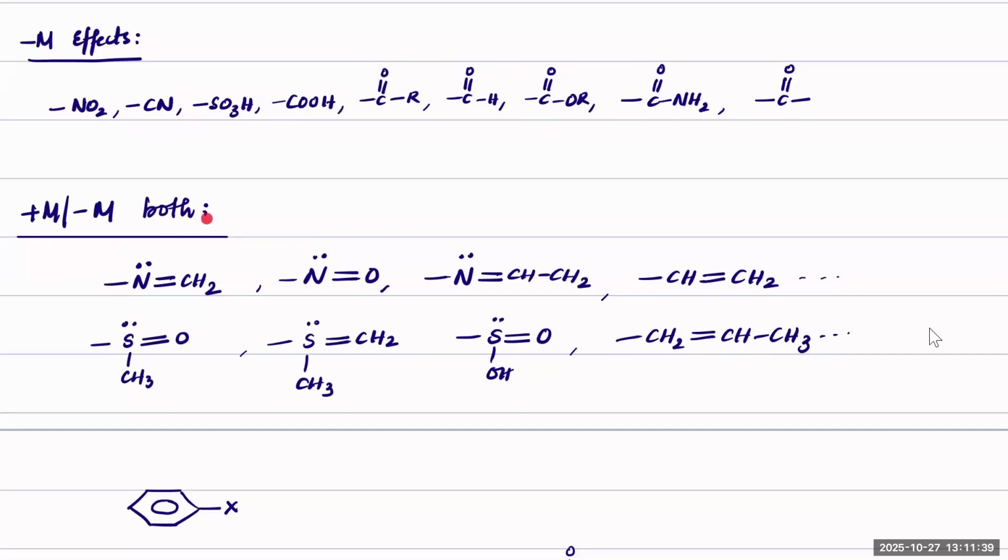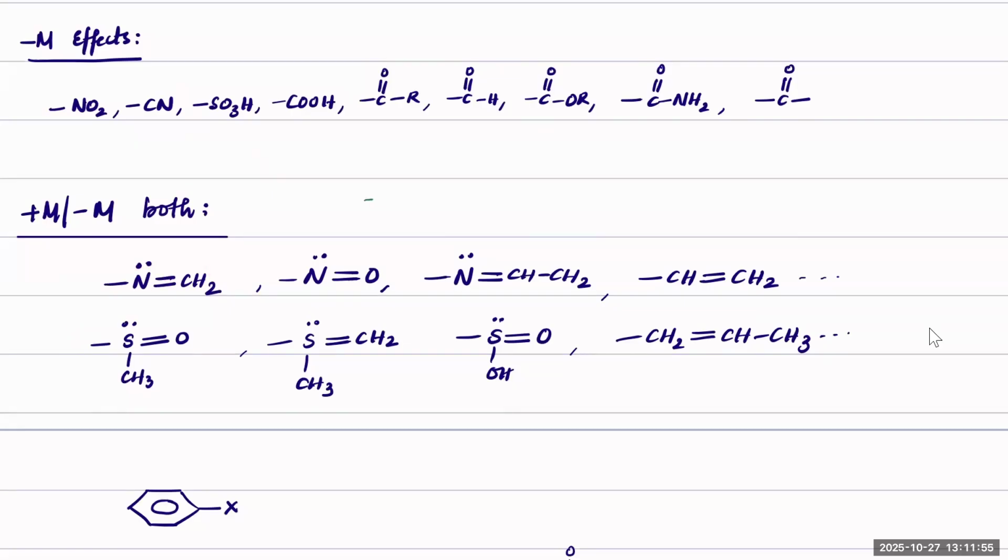Now the groups which can show both plus M and minus M, this is something you guys must remember, because on one end they have a lone pair and on the other end there is a double bond outward which will pull the electrons from benzene. Okay, so let me show you how.